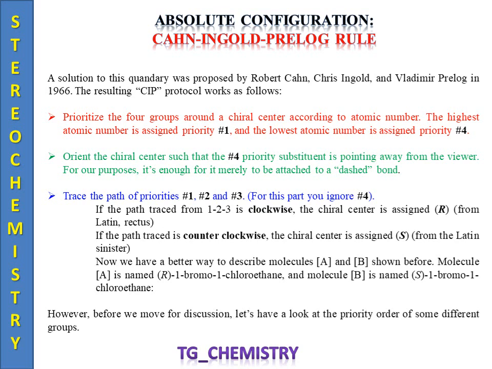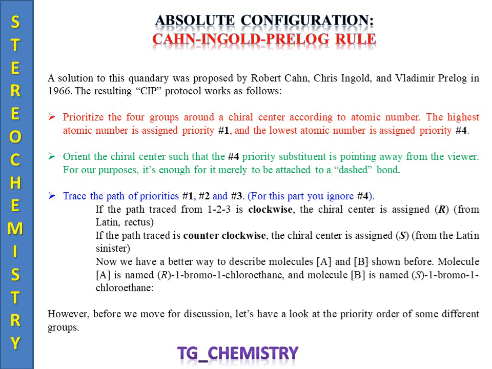And then the important one, that we need to trace the path of the priority substituents in order 1, 2 and 3. And if we have kept the priority 4 group in a dashed bond that is away from the viewer, then we don't need to take care of priority 4 group anymore.